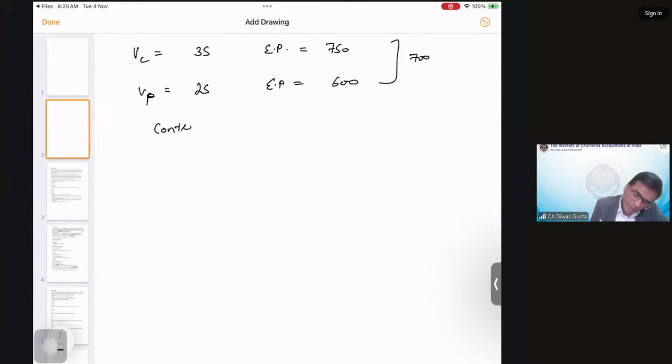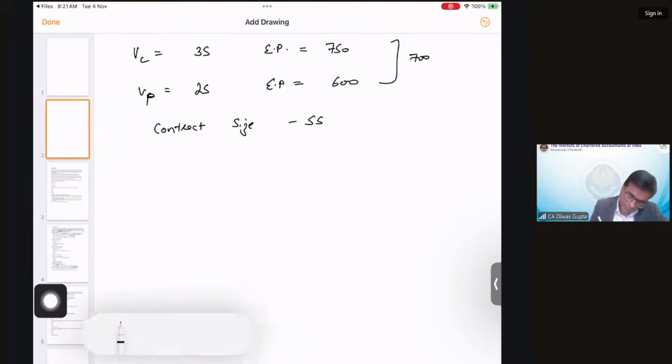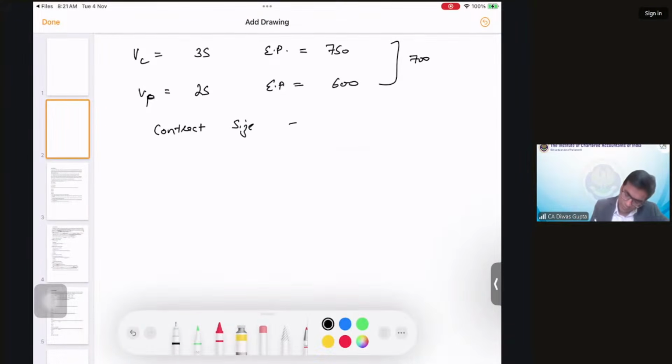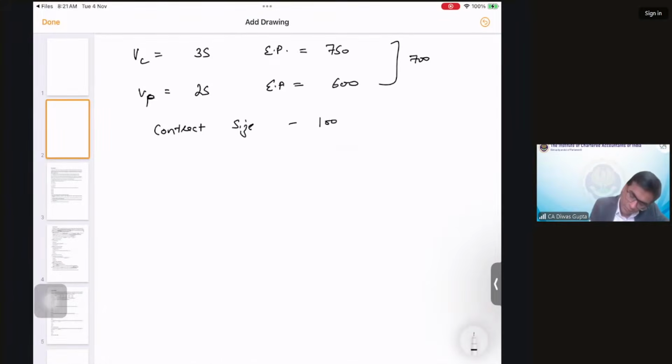Contract size is 100 and price 550. Put, call. We are talking about call option first.